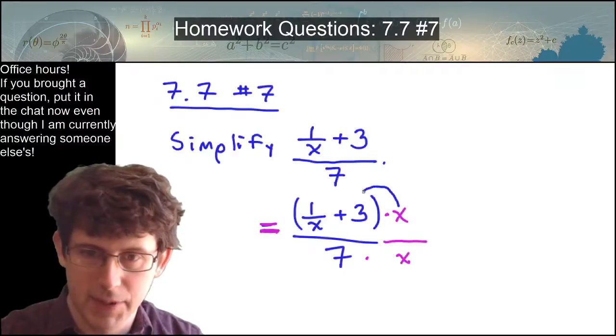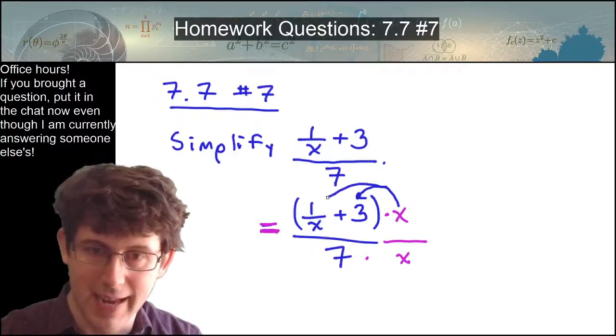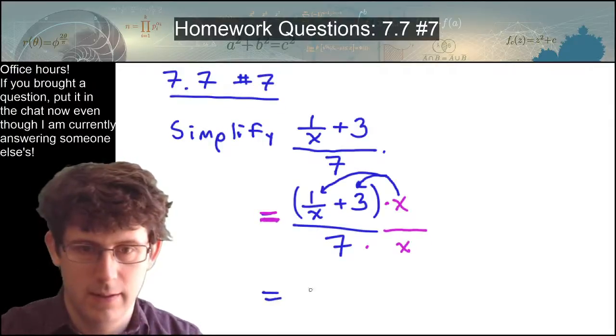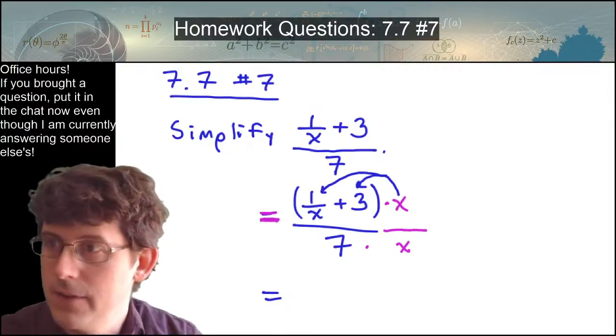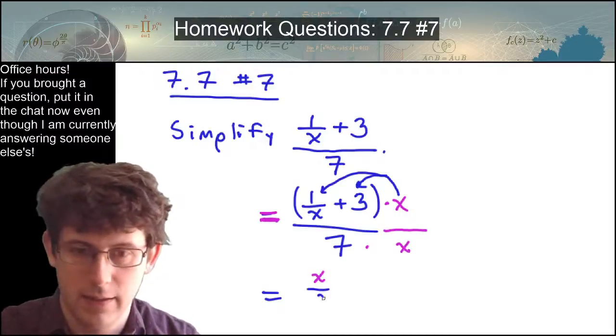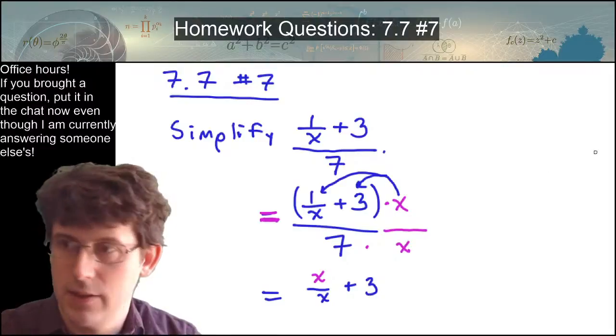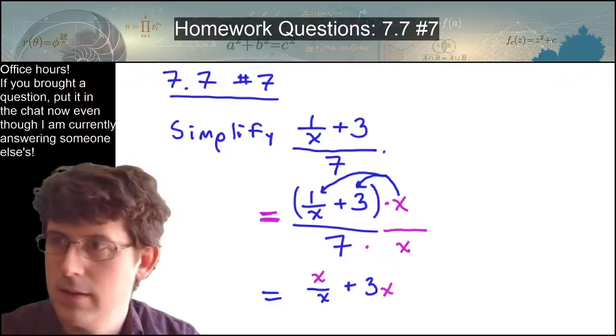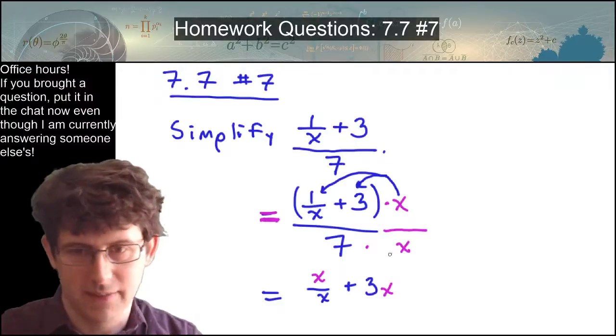The x is multiplied by two terms that are added together, so I'll distribute. I'll have x over x plus 3x. In the denominator, I just have 7 times x.